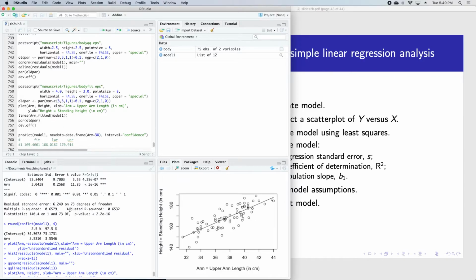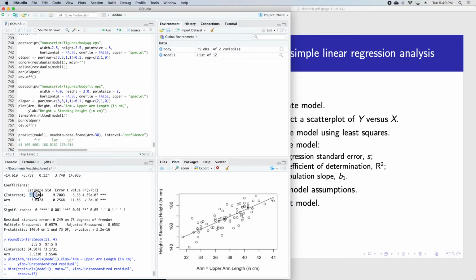If I look at my estimated intercept of 53.8, that would give me the expected or average height for someone who's got an upper arm length of 0. Well, that clearly makes no practical sense. So I can't really interpret 53.84, but I can interpret this number, and I can say that as arm length increases by 1 centimeter, on average height tends to increase by 3.04 centimeters.